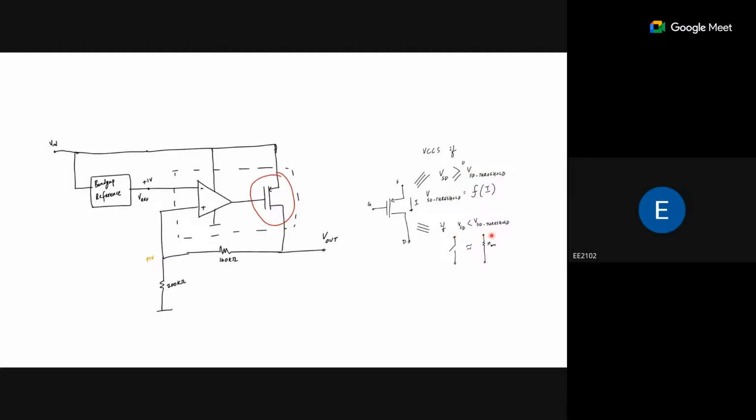If it is less than that condition, this transistor will behave as a switch. If the switch is on, meaning connected, it produces a very low resistance value, and whatever we apply comes directly to the output. That is only the case whenever the source to drain voltage is less than the threshold.